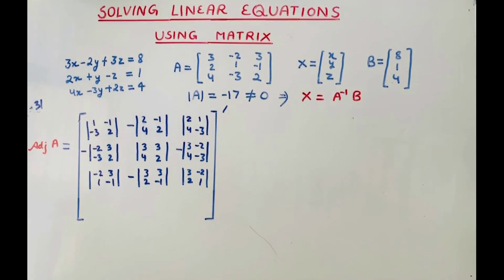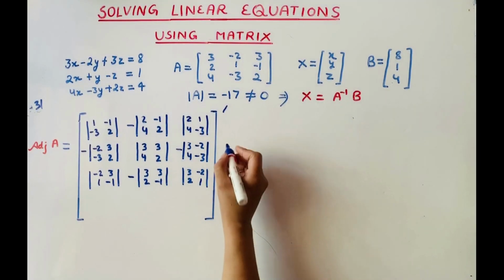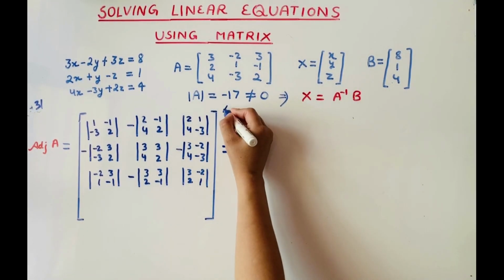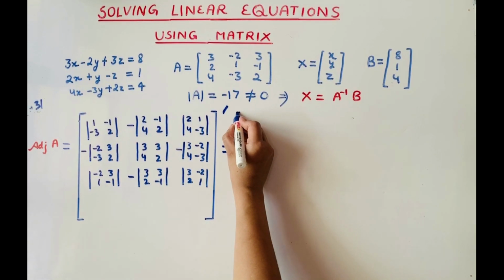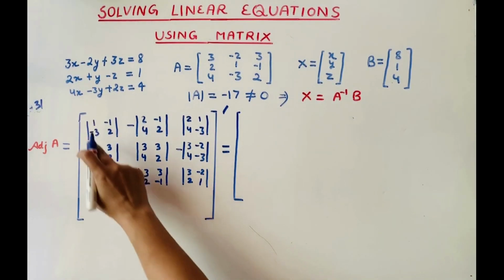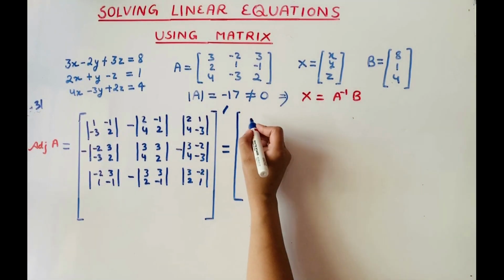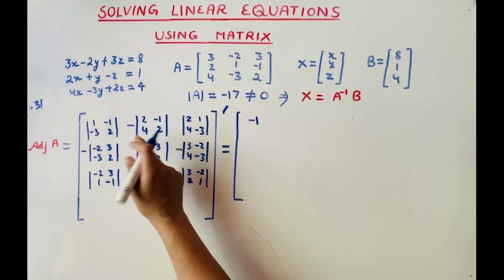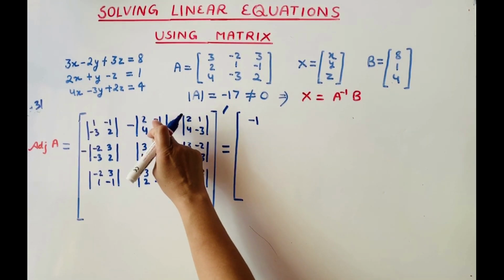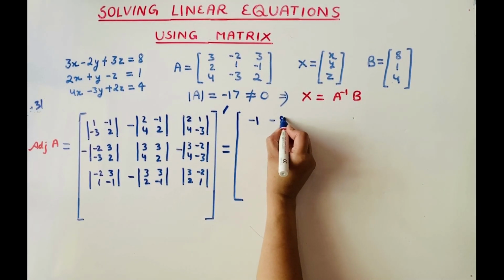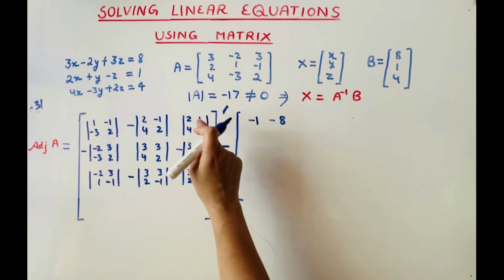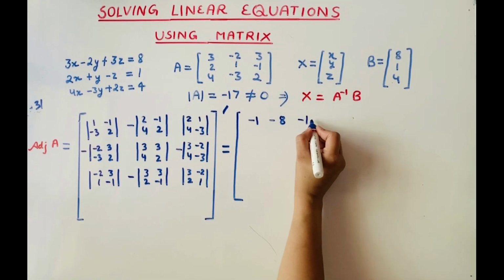So you will simplify that, and the result will give you the adjoint. Now you can take the transpose also, so we will take it later. So it will be 2, 2 minus 3 minus 1. Here it will be 4 plus 4, 8, but minus 8. Next one will be minus 6, minus 4, minus 10.